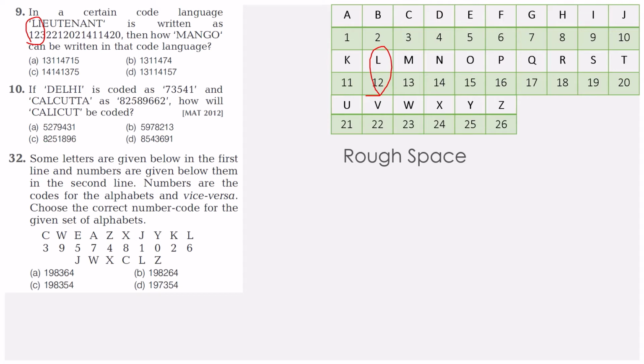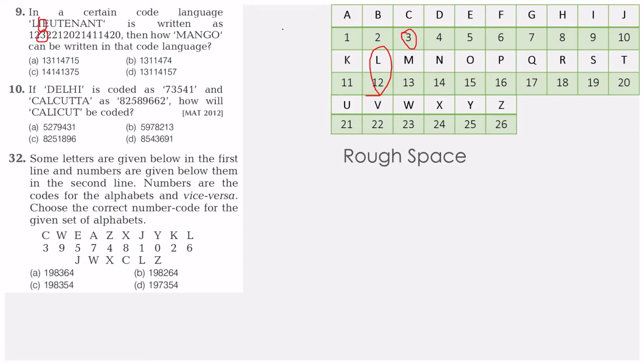One second. Okay, they gave I. Maybe I was wrong. Okay, if we follow according to the table also, I will not get a code of 3.